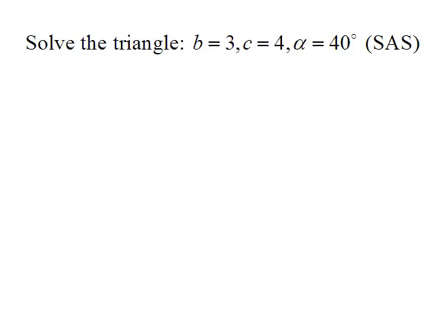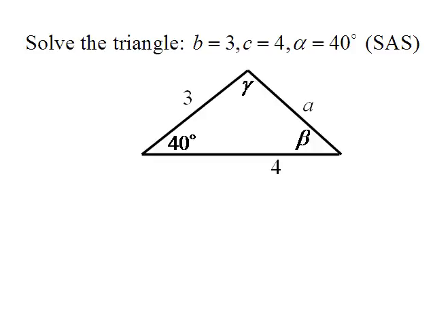So here's an example: a side angle side triangle. If you lay out what a triangle looks like, we've got side B, opposite angle beta, so B is 3, C is 4, opposite angle gamma, and alpha is 40 degrees. So here's a situation.